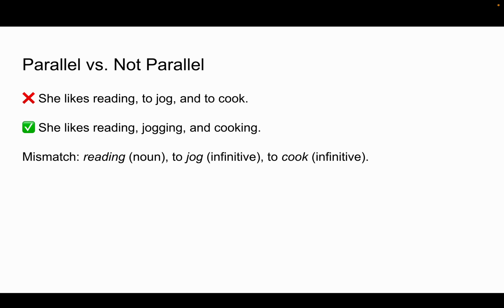So essentially, the first part mixes the noun and infinitives, and the second part uses the same form for every item, and it sounds right. Right. So that's that. And here, a rule of thumb is essentially to keep structures consistent.